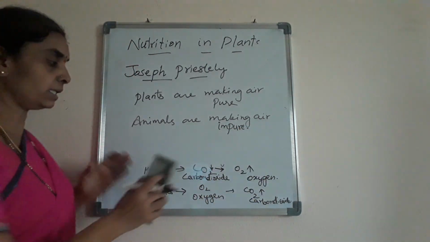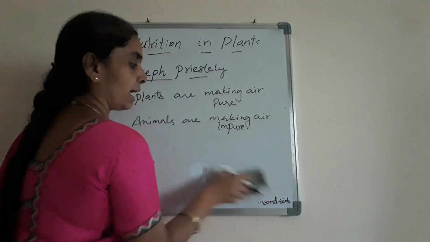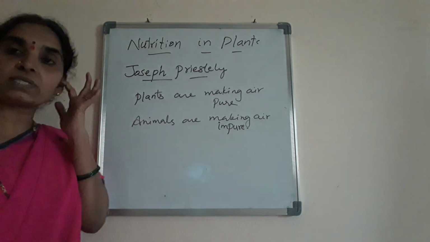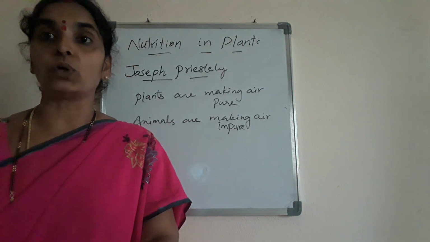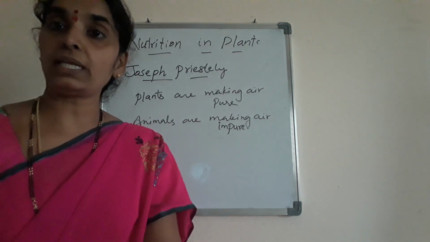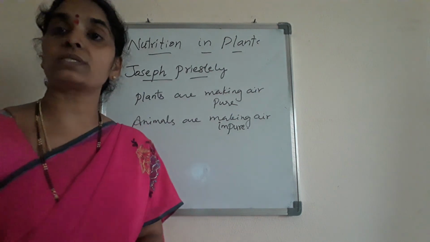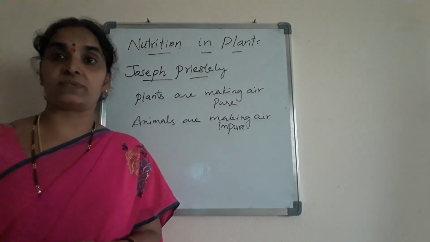Did you understand, children? Next, coming to the next scientist. First, we have seen about Von Helmont, who said that the growth of the plant takes place through the water it takes in. Next, Stephen Hales said that transpiration is the process that takes place through the leaves, and the role of light.